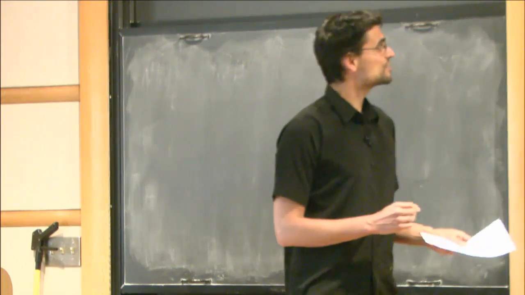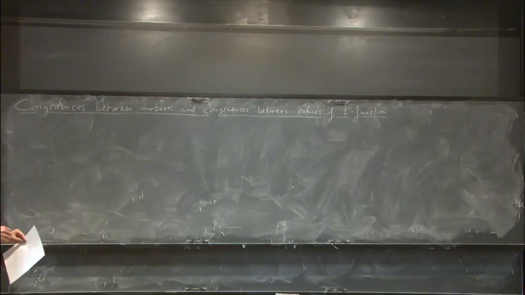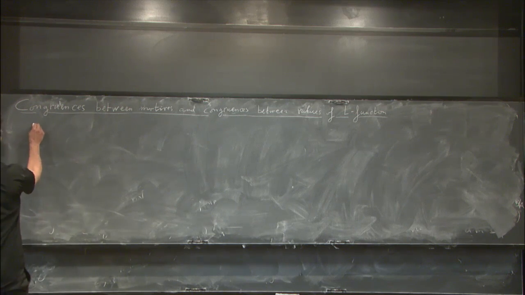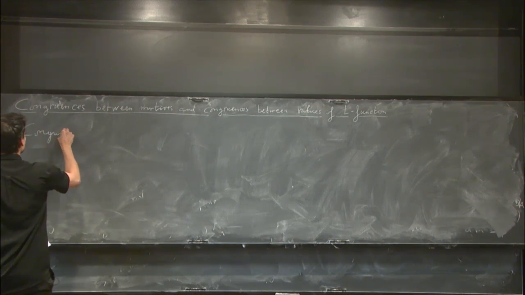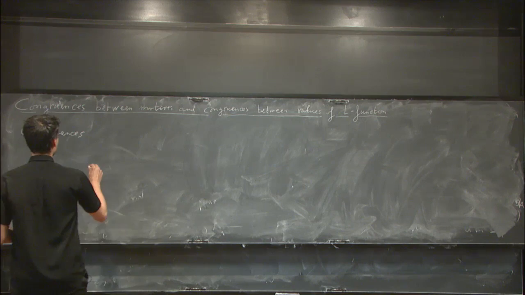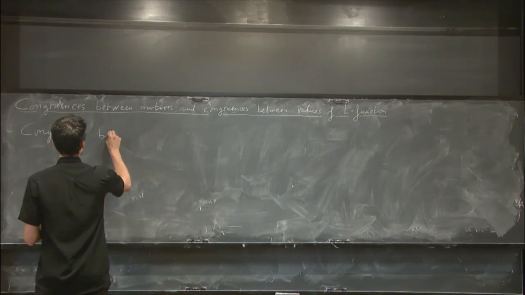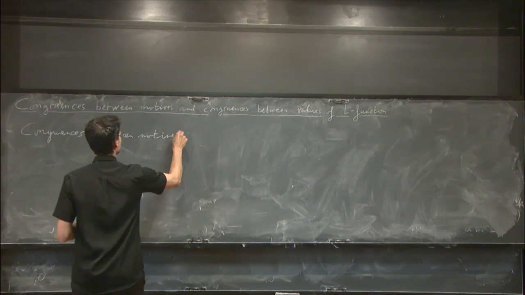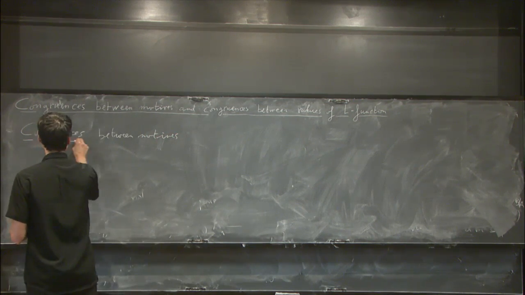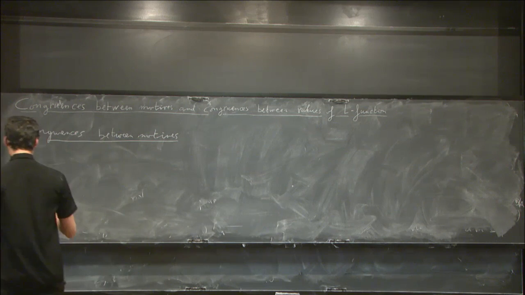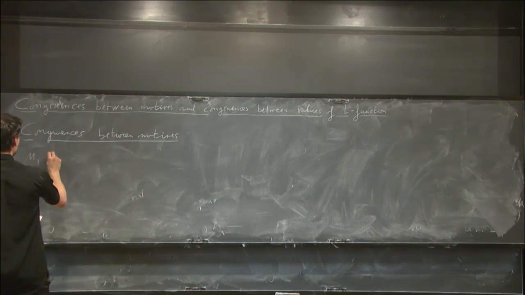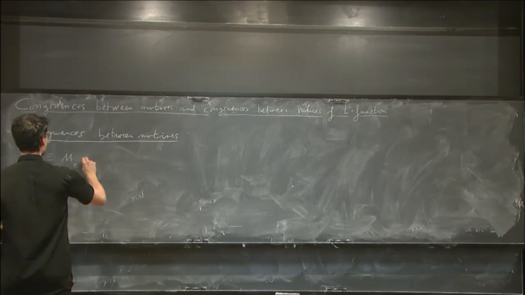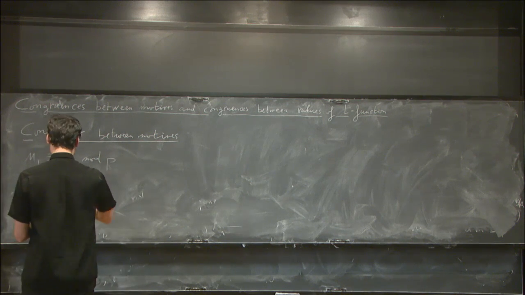So the title of my talk is Congruences between Motives and Congruences between Values of Alpha Function. And I will start with a few words about congruences between motives. So suppose M1 and M2 are motives, say, over Q, which are congruent modulo P, the prime.